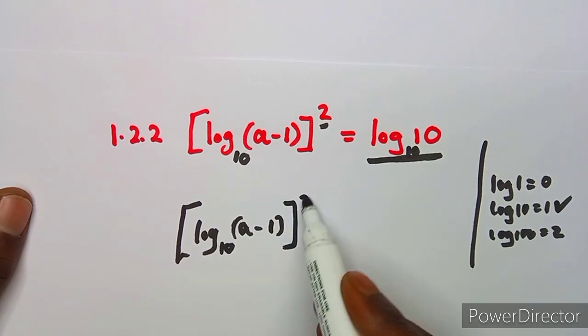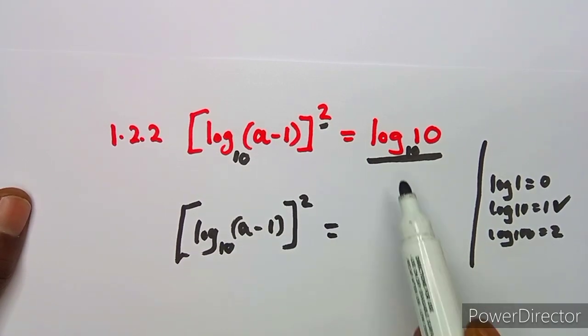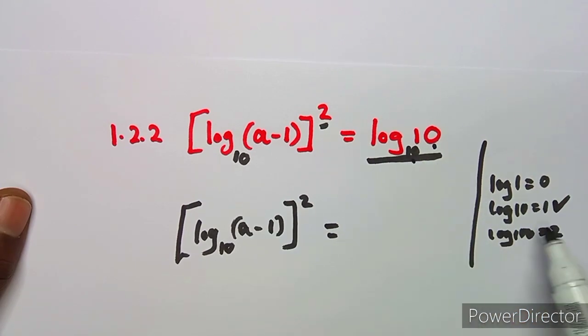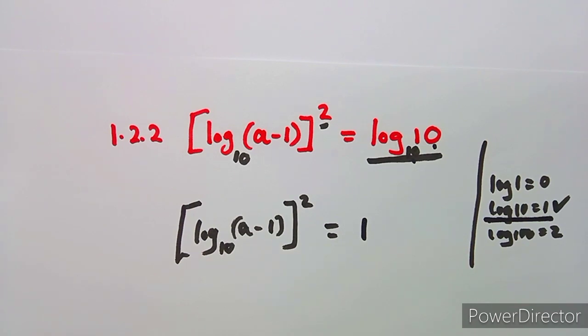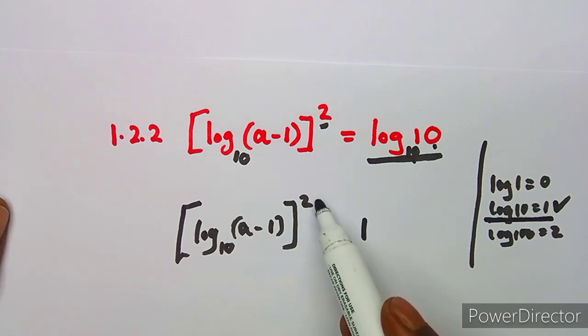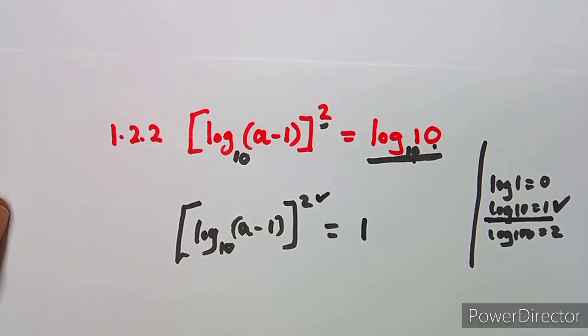Okay, everything to the exponent of 2, which is equal to, in place of log 10 base 10, I'm going to substitute with 1. So as you can see, that's what we have there. We have now written this in terms of a numerical value, where now we can remove this exponent of 2. How do we remove the exponent of 2? Remember, we have to introduce the square root both sides.